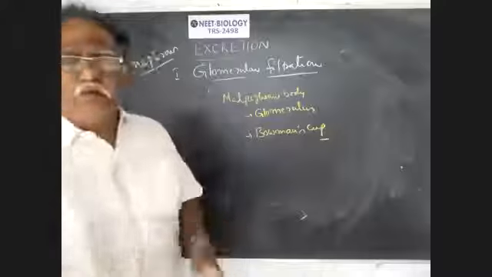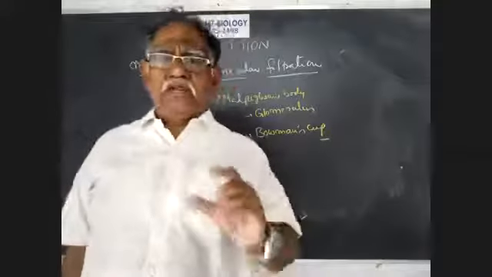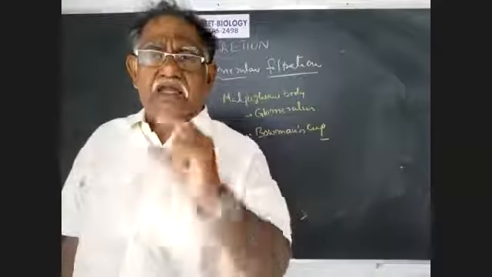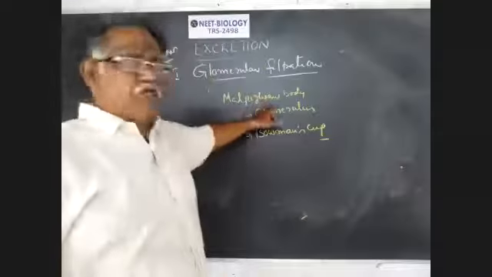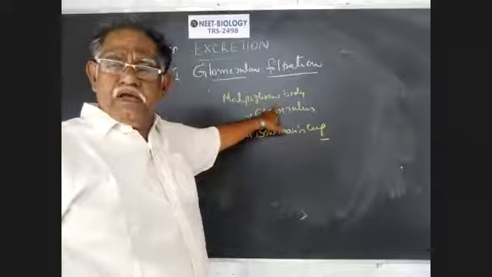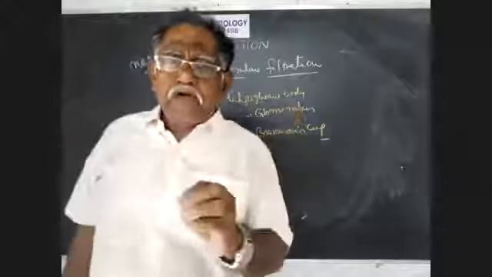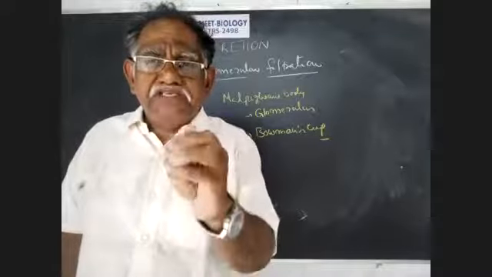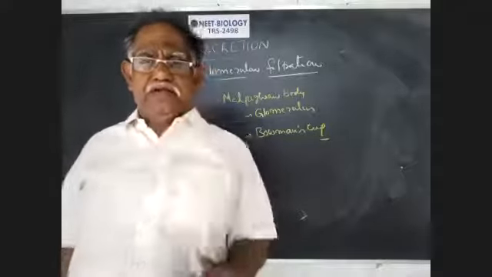Glomerulus and Bowman's cup together constitute Malpighian body or Malpighian capsule. Glomerular filtration occurs in Malpighian body. That is the first point.